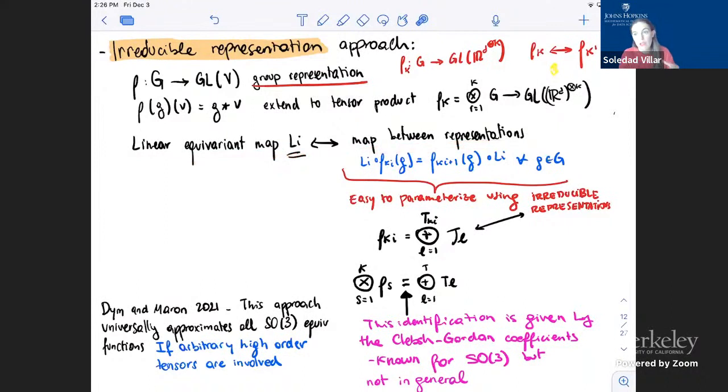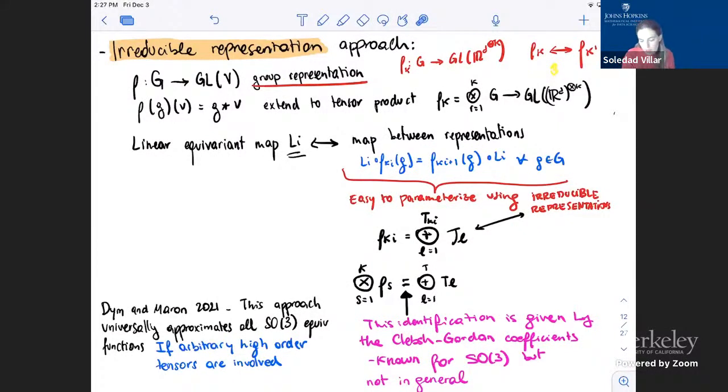Once you have the representation of the space, you can decompose it in terms of irreducible representations. And the maps between two irreducible representations are very easy: just the identity or zero, or a multiple of the identity or zero. So basically, you need to take the representations and decompose them in terms of irreducible representations.